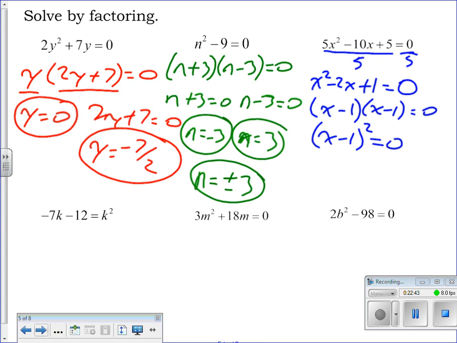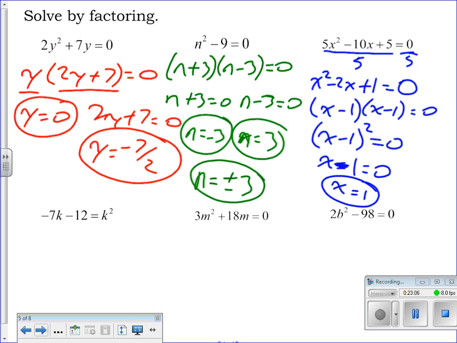If I have a perfect square, I don't need to set each one of them equal to 0. I can just set what's inside there equal to 0. So x minus 1 is equal to 0. So x equals 1. And you're going, but Mr. Orris, you said if it was a square, if I had x squared, I'd have 2 answers.